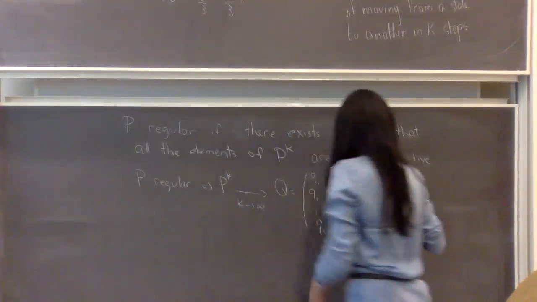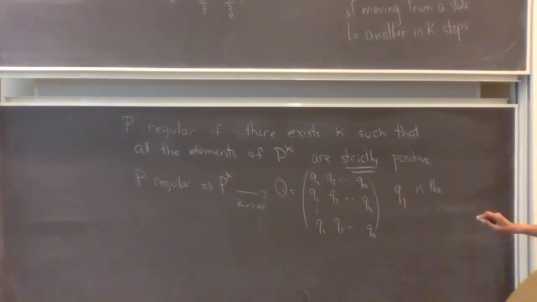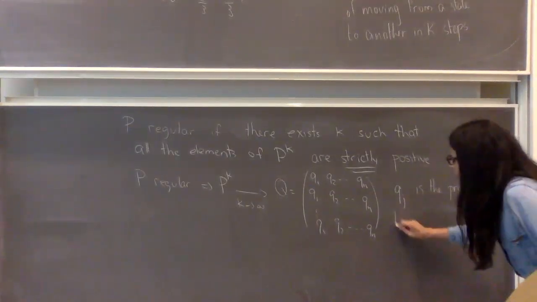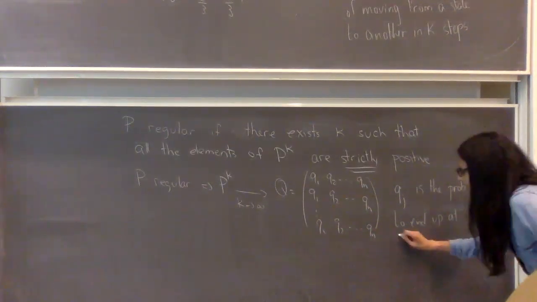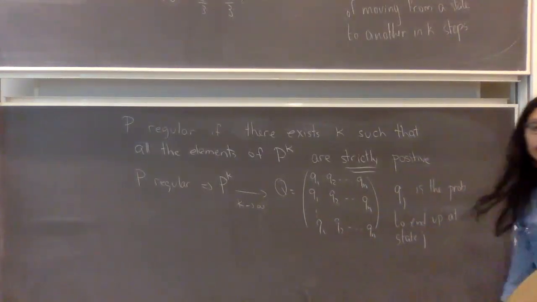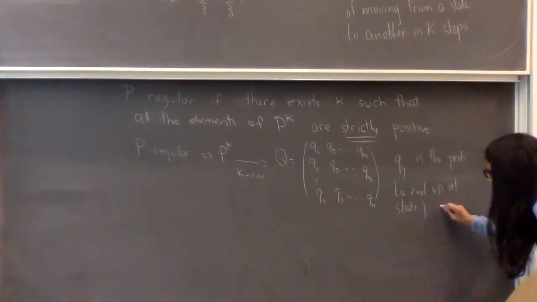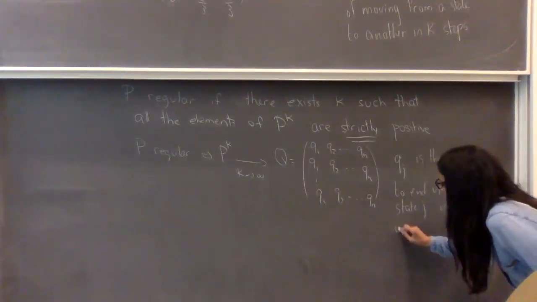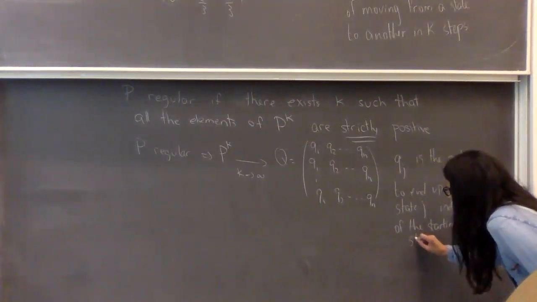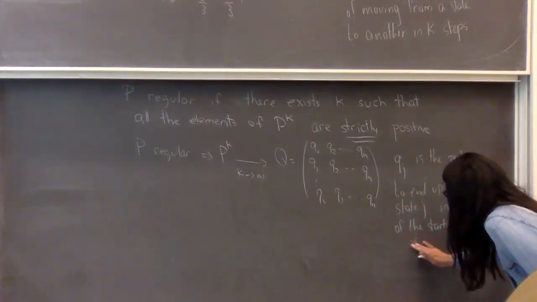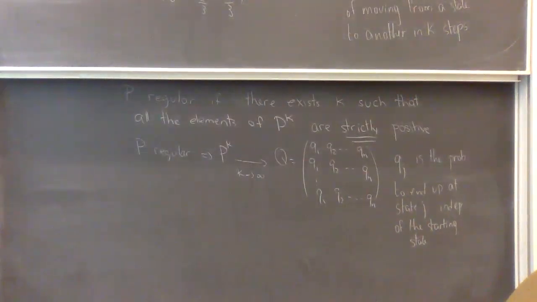Qj is the probability of ending up at state j, independently of the starting state. Okay? This is the first type of Markov chains, the regular one.